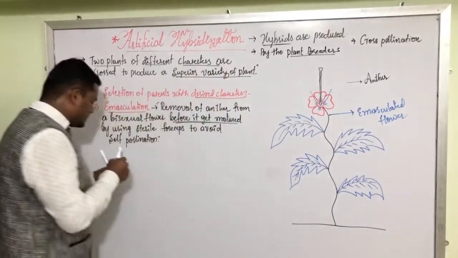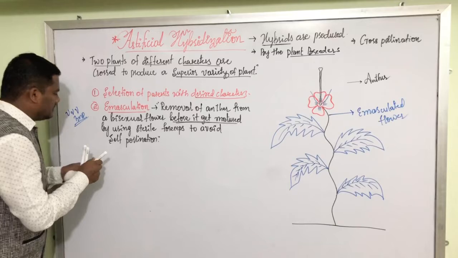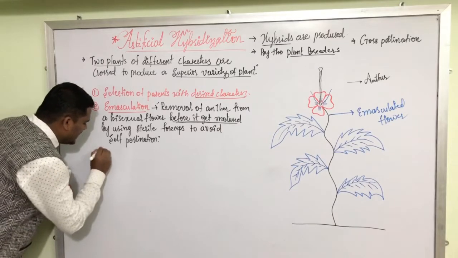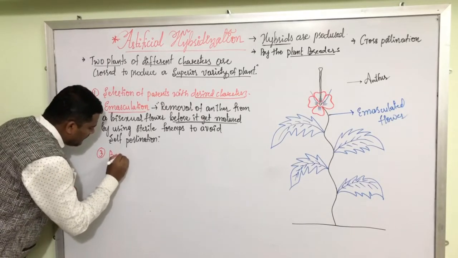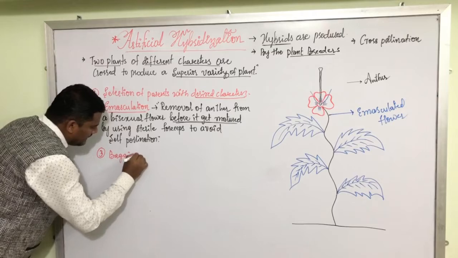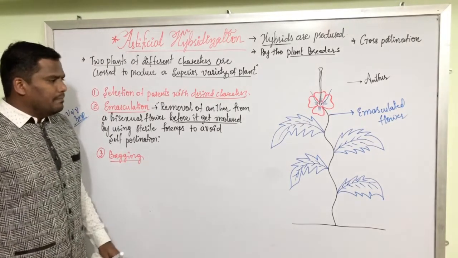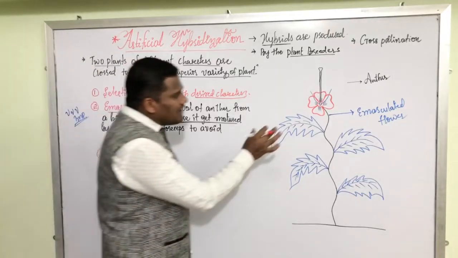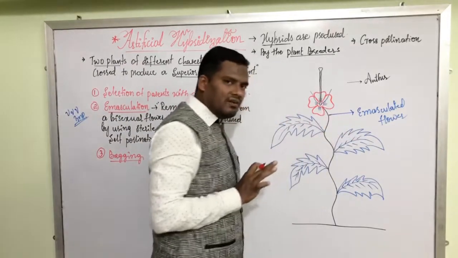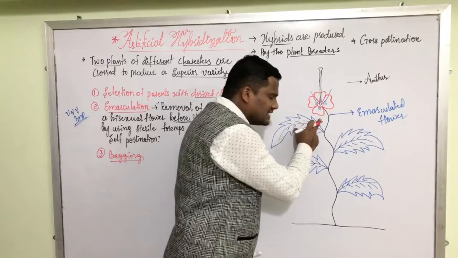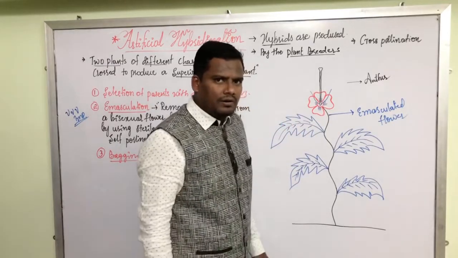Now, the third step is bagging. Bagging means covering this emasculated flower. Which flower is it, a normal flower or an emasculated flower?